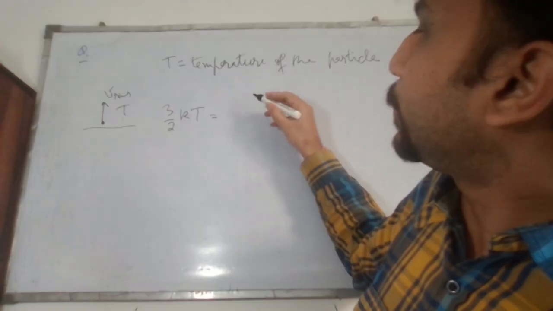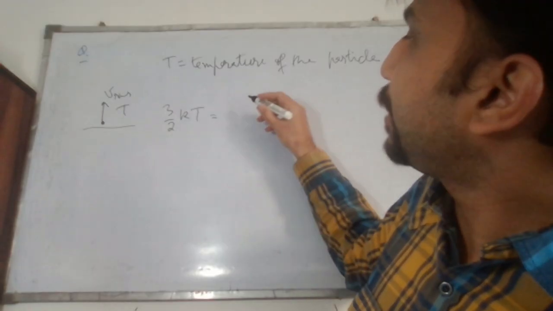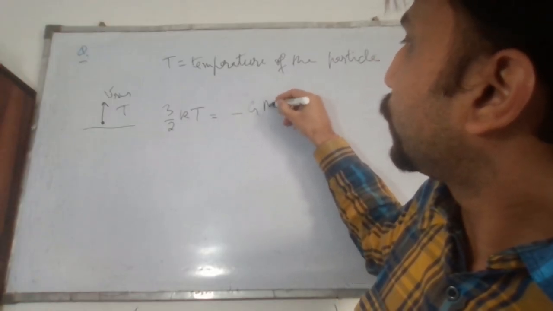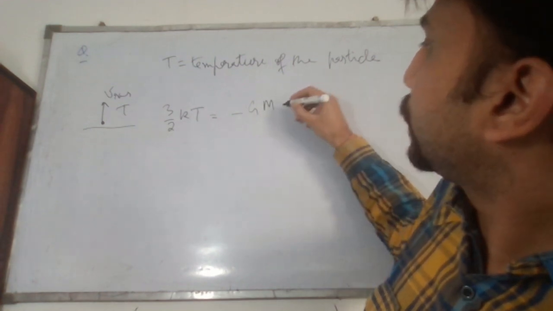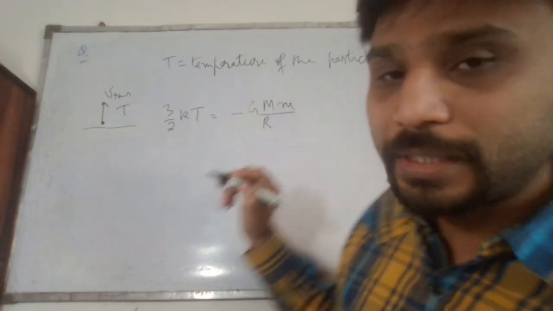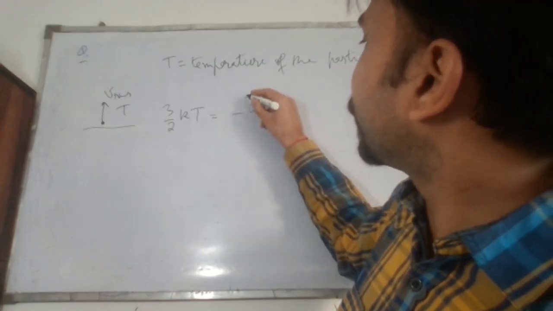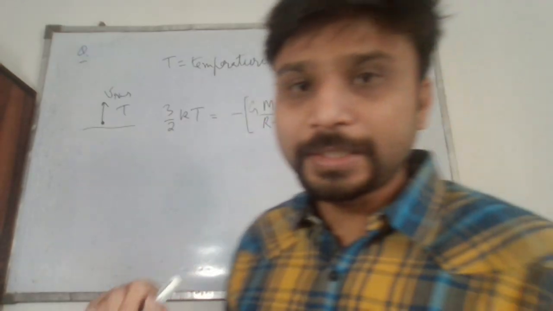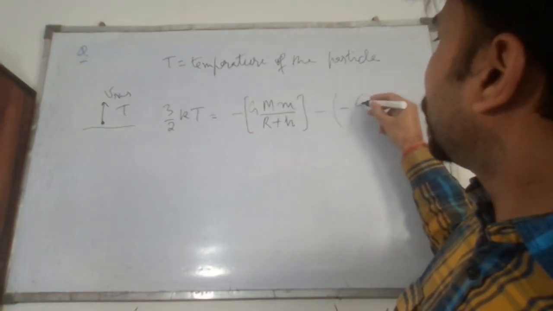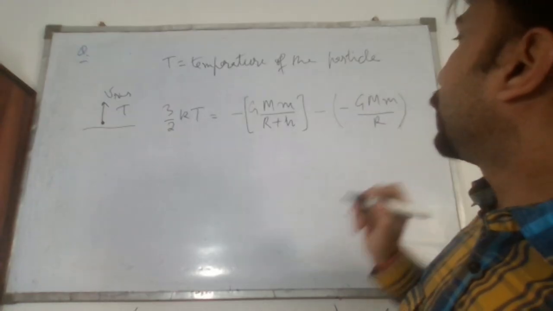We'll say the final potential energy of the particle is minus G capital M small m divided by the radius of Earth, let's say R, plus the height h above the surface of Earth, minus the initial gravitational potential energy of this particle.